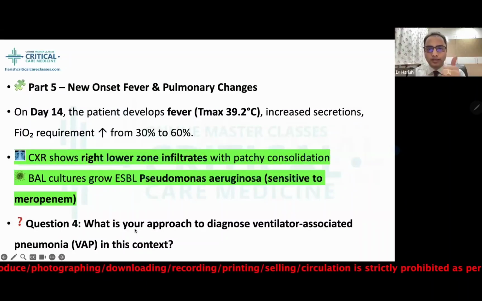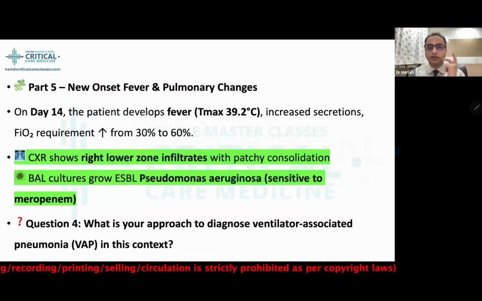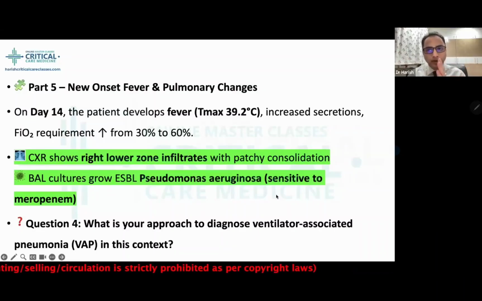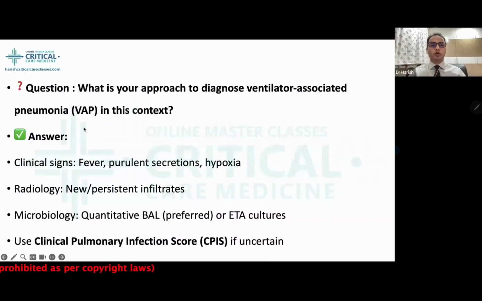So what is your approach to diagnose ventilator associated pneumonia in this context? Definitely there is an increase in oxygen requirement, increase in secretion, X-ray showing infiltrate, fever is there, and isolation of an ESBL organism. Basically clinical signs of fever, purulent secretion, hypoxia, and radiologically new or persistent infiltrates.